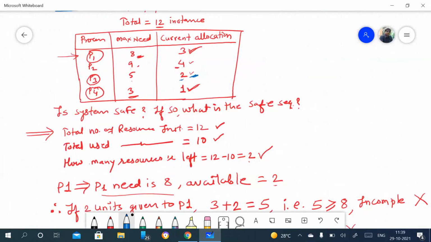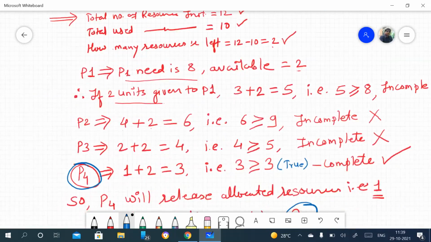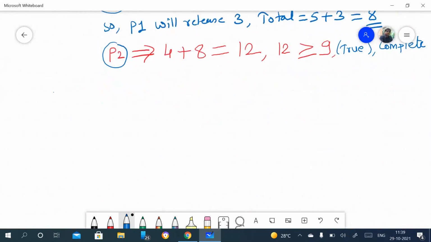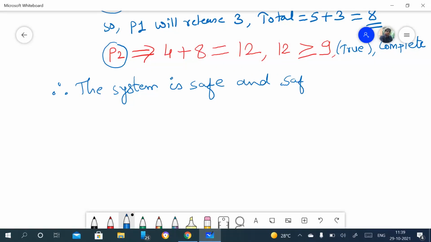So we can say that the system is safe, and the safe sequence is: P4 first executed, then P3 executed, then P1 and then P2. So this is our answer.